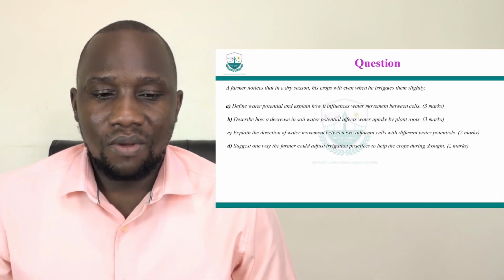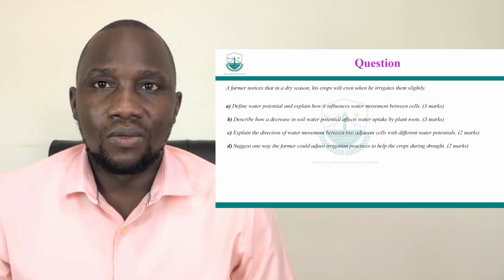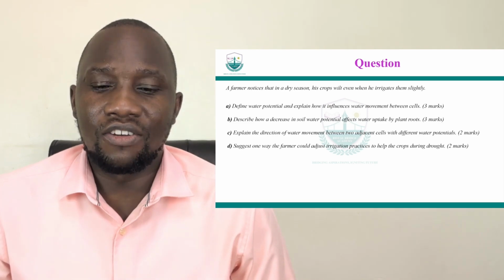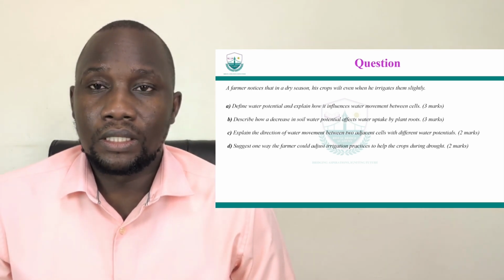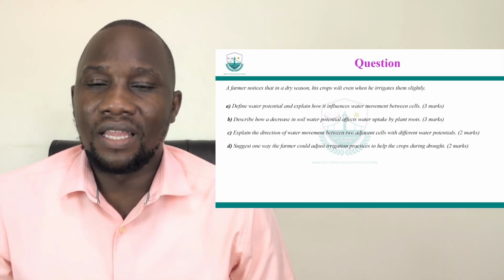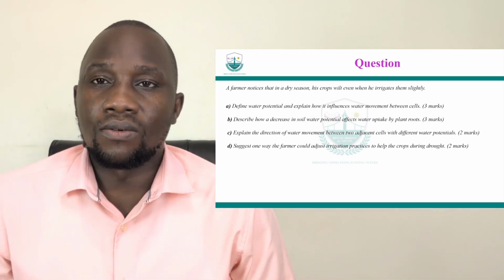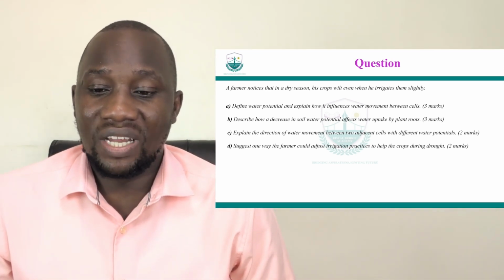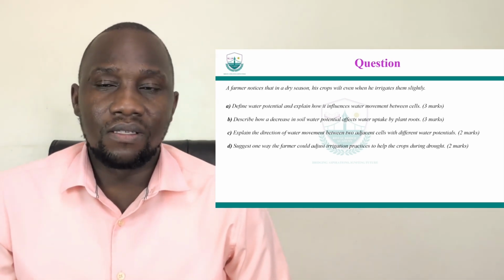So we start with a scenario. You have a farmer who has noticed that in dry season, his crops will always wilt, even when he irrigates them slightly. So can you define water potential and explain how it influences movement of water between cells?